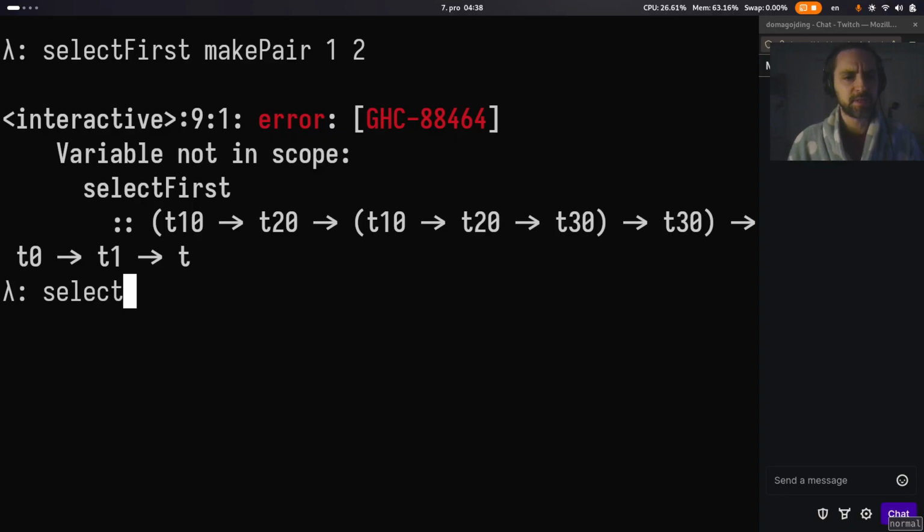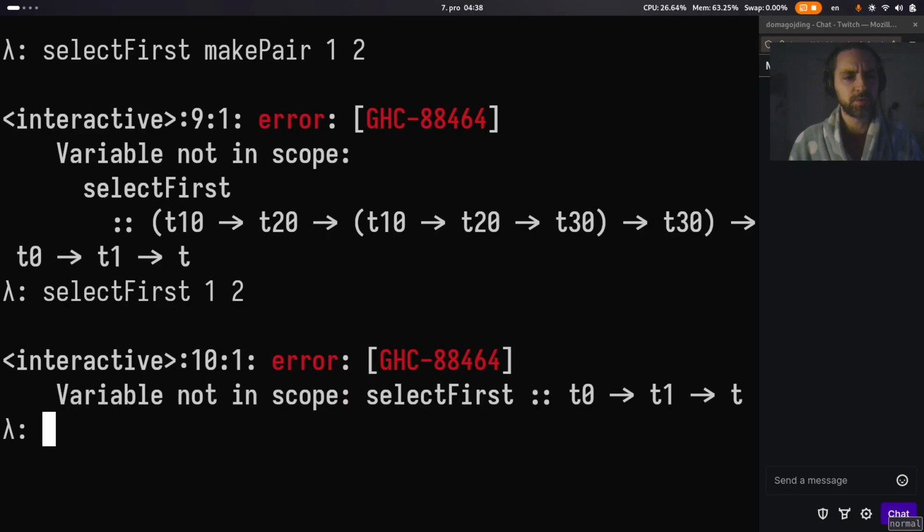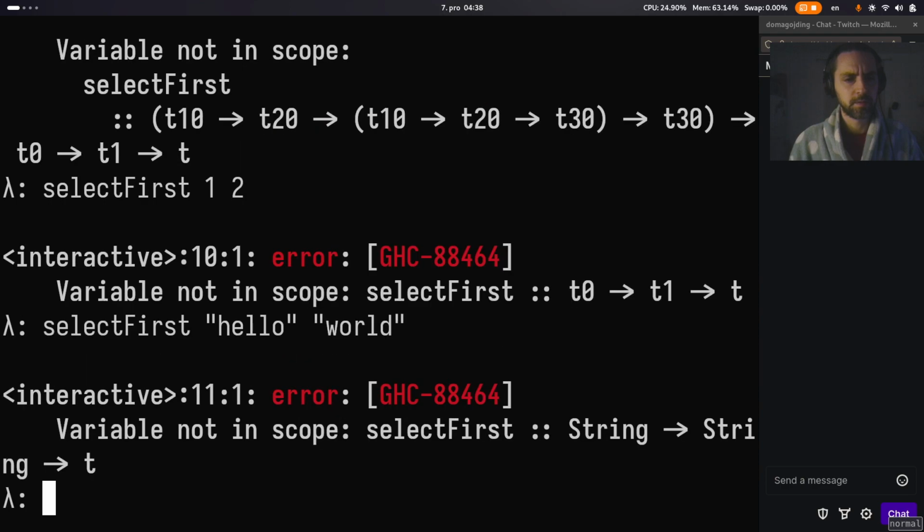Wait, let's see if this works. Select first 1 and 2. Variable not in scope, select first. Did I really save it like this? Wait. No, I didn't. Wait a second. Let me do it again. Lambda A. Wait a second.